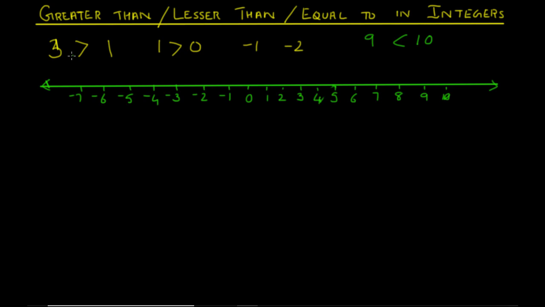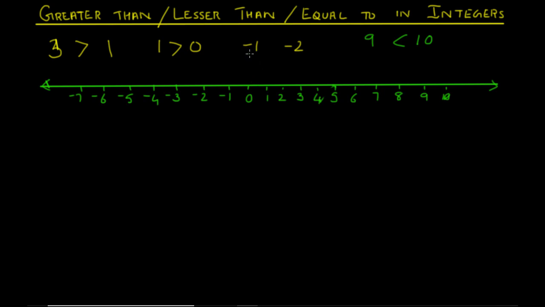If you take the example of 3 and 1, 3 is on the right of 1, so 3 is greater than 1. 1 is on the right of 0, so 1 is greater than 0. 10 is on the right of 9, so 10 is greater than 9. So it is pretty obvious that the number on the right is greater than the number on the left.